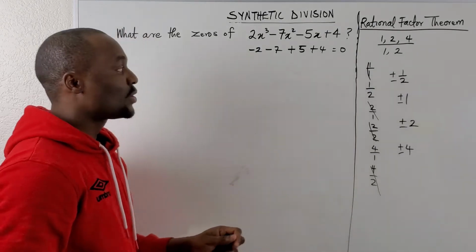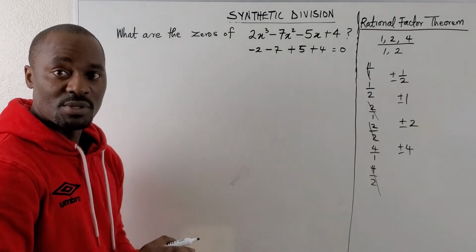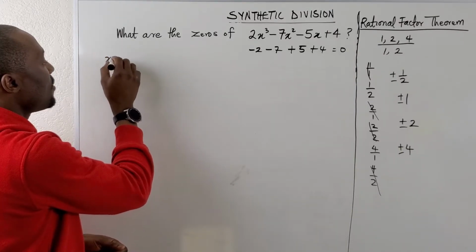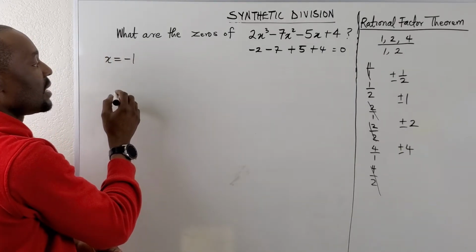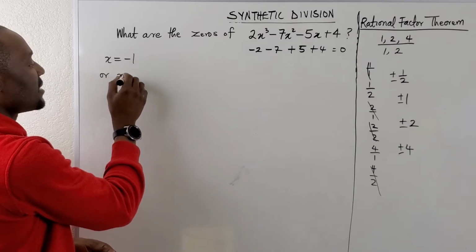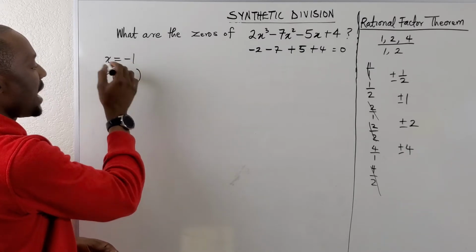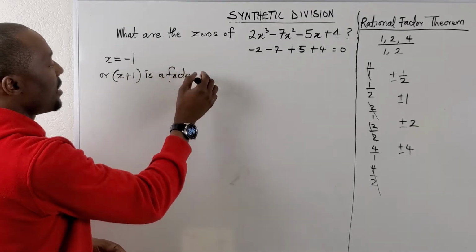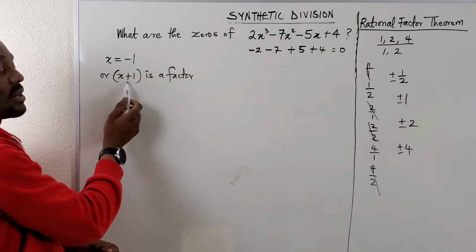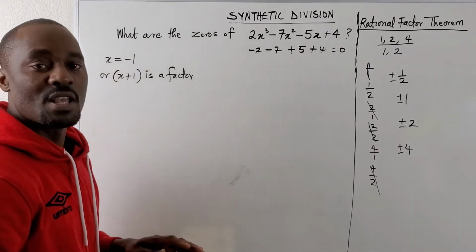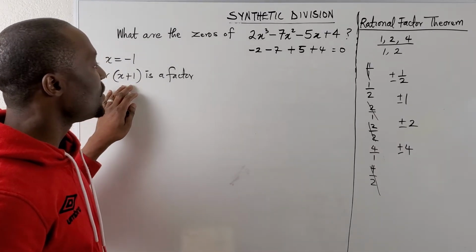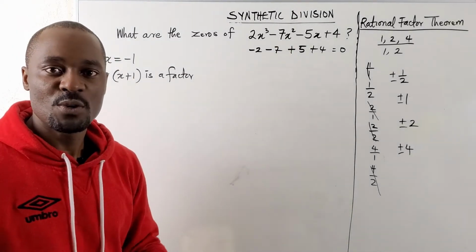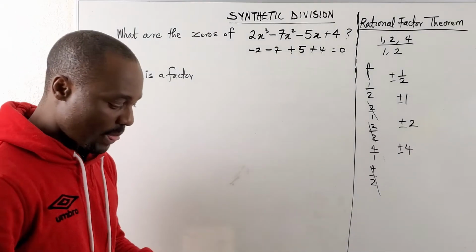Okay, so we just tried negative 1. It's a good option. So it means x equals negative 1, or you can say x plus 1 is a factor. Remember, when you move this over, it's going to be x plus 1. So this is what we're going to now use to divide this and see what the quotients will be, so we know what all the factors are.